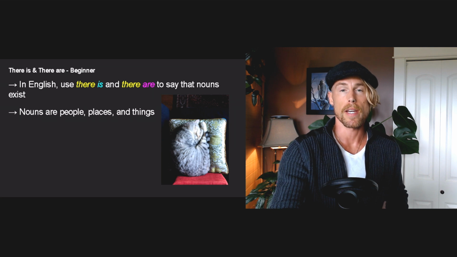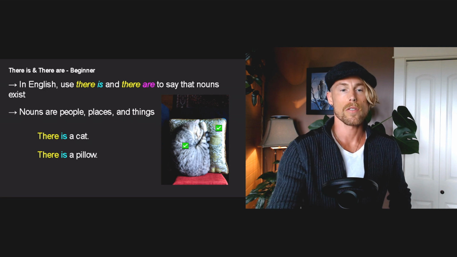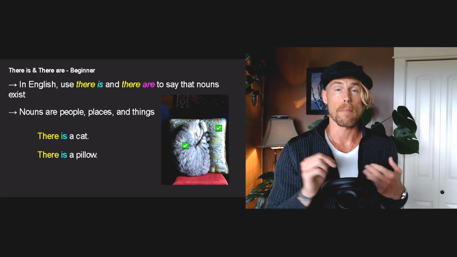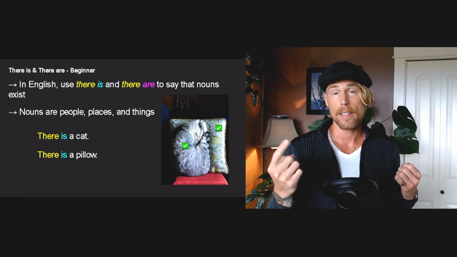You can see the picture of my cat. There is a cat. There is a pillow. So, 2 examples of nouns in the photo. A cat, a pillow.